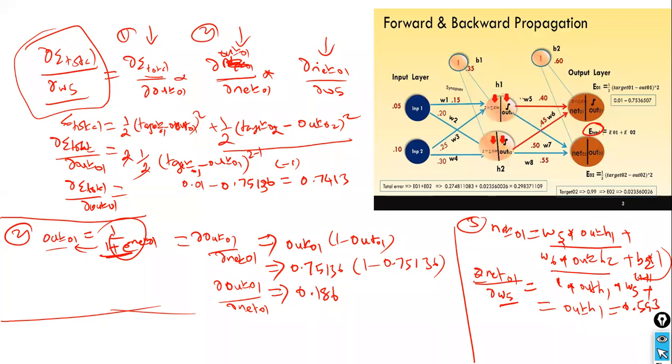So we computed the values for all these three things. For this, the output is this one, and for the second part, this is the one we are getting. And for this derivative, we got this value.